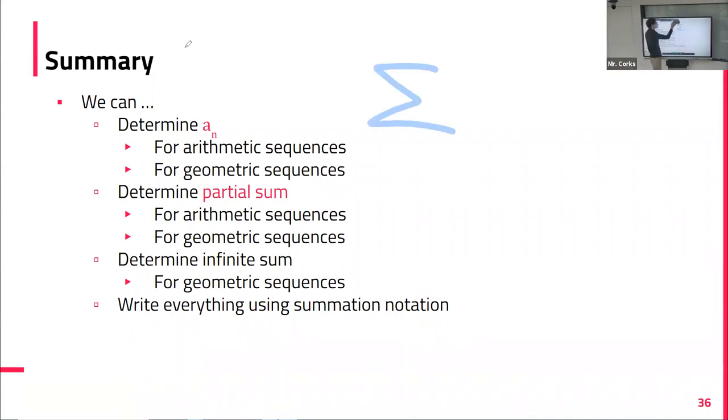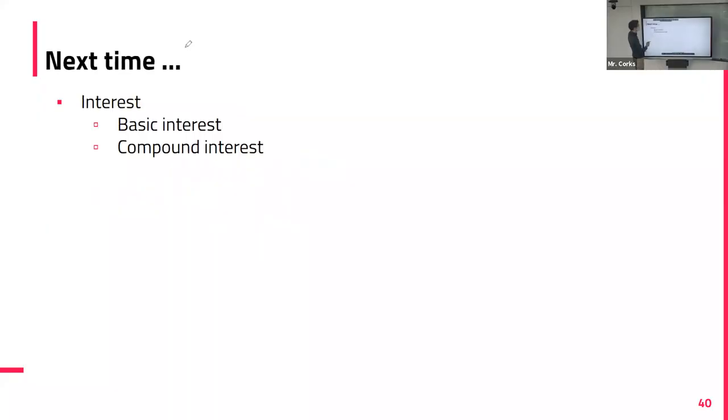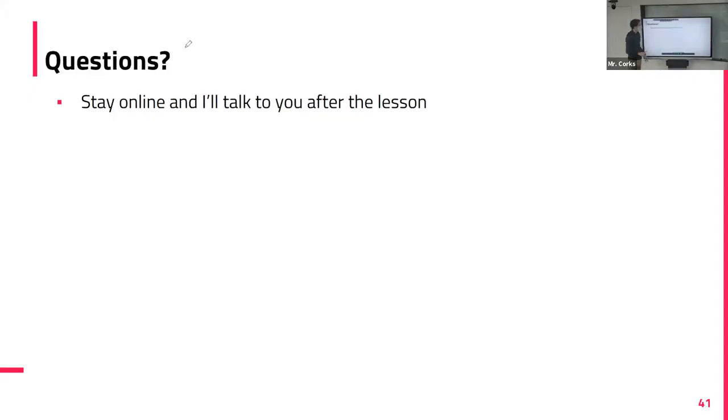So we'll do more practice with the infinite sums and sigma notation in the next class, and then get to interest. Review questions: 12.1 in our textbook has the summation notation material, and 12.3 has the geometric sequences material, and lots about interest next time.